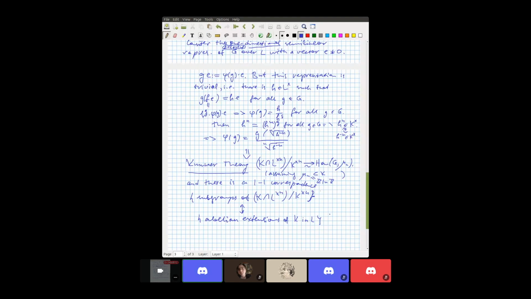For instance, starting from a subgroup H here, you send it to the compositum.